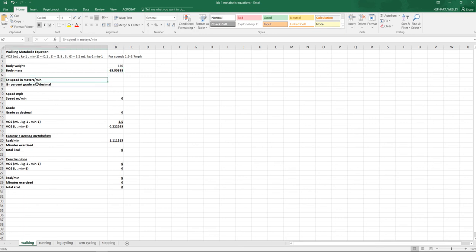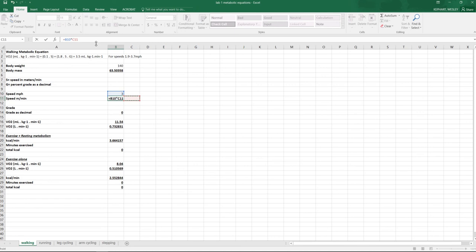One thing, speed needs to be in meters per minute, and grade is as a decimal. But I did you a solid, so speed is in miles per hour. Let's say they're walking at 3 miles per hour. That is 80.4 meters per minute. And so 1 mile per hour is actually, you can see it right here, 26.8 meters per minute.